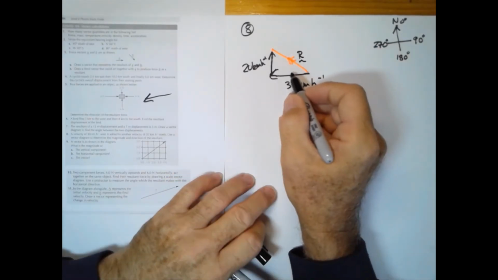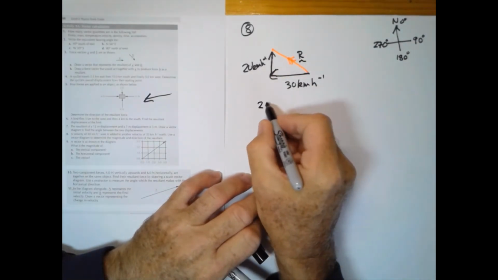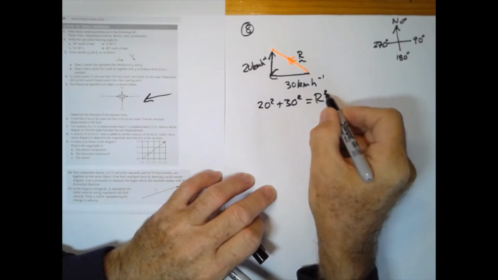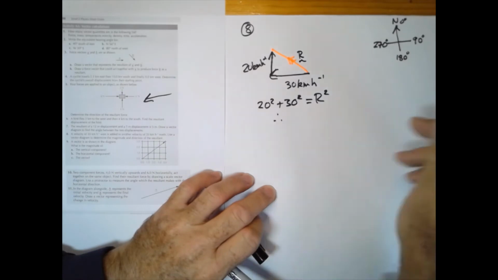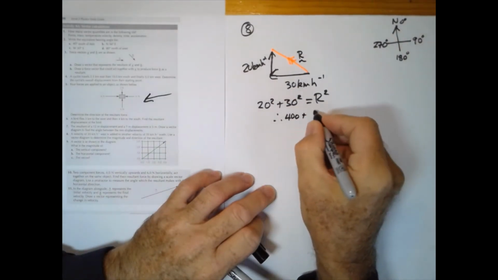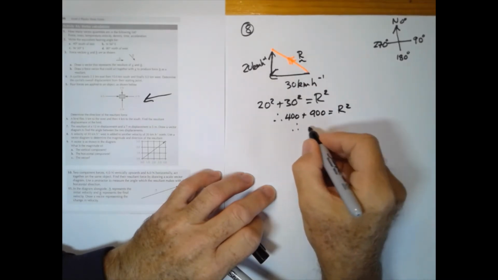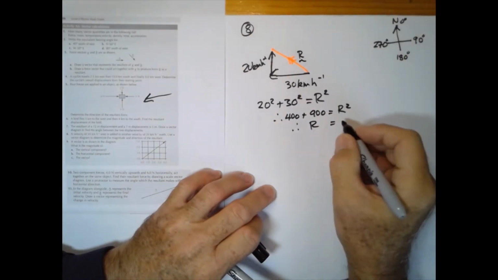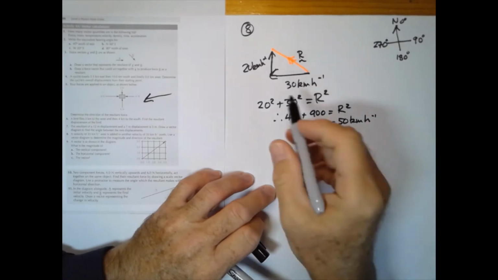So a squared plus b squared equals c squared. 20 squared plus 30 squared is equal to r squared. Therefore 400 plus 900 is equal to r squared. Therefore r, work it out for yourself, is equal to 50 kilometers per hour.